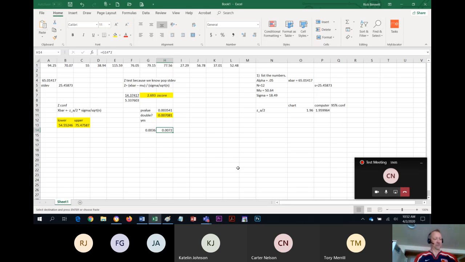So you could say, in the past we've said we are 95% confident that the mean cell phone bill is between, and I'll put these into dollars here, $54.55 and $75.48.